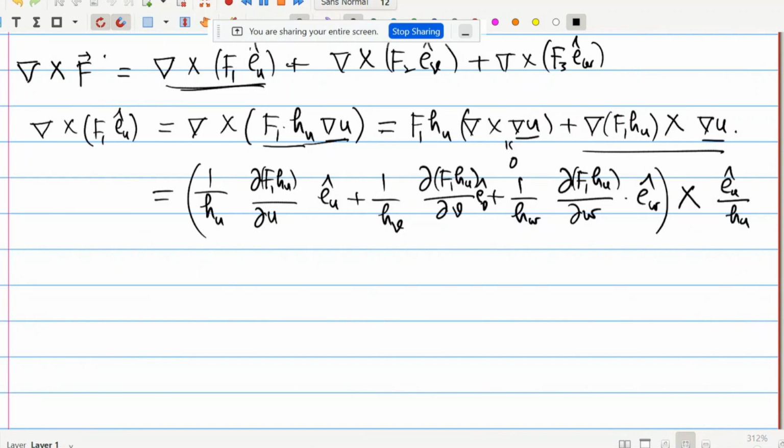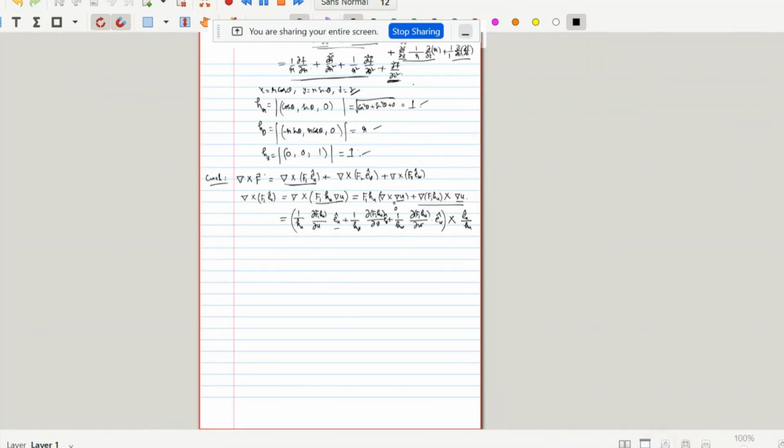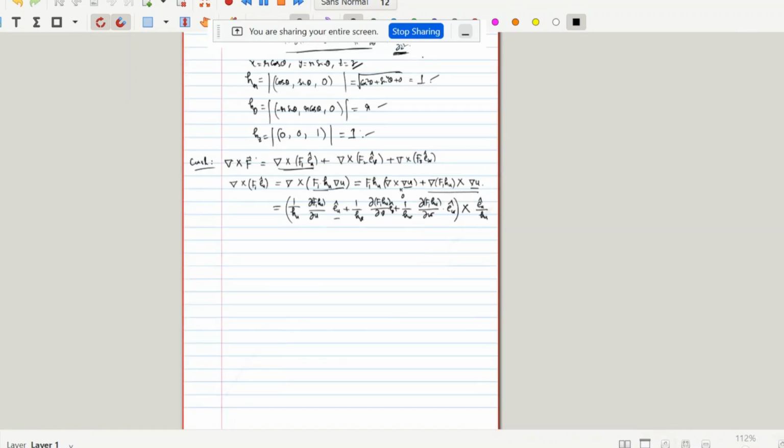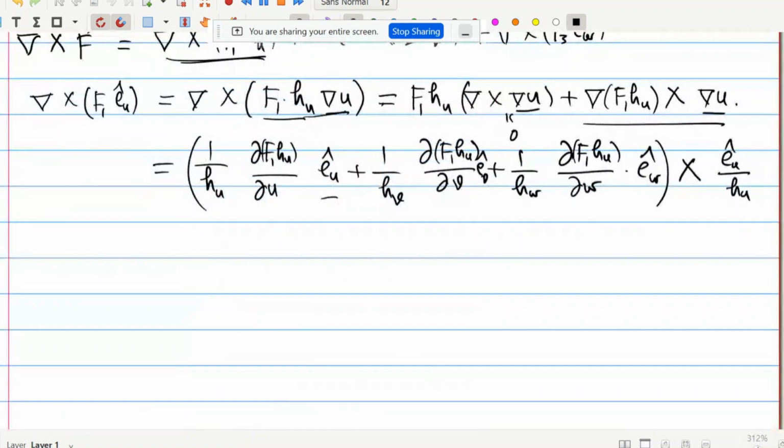Sir, I'm confused: if F1HU is a scalar, then why does it come like this? F1HU is a scalar, right? Yes, sir, now it's fine.